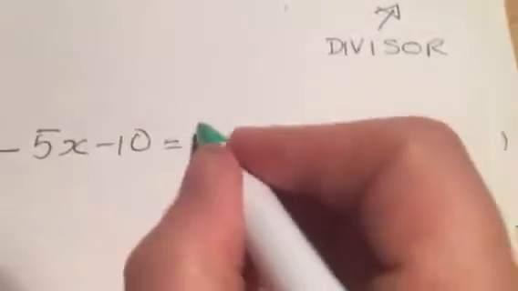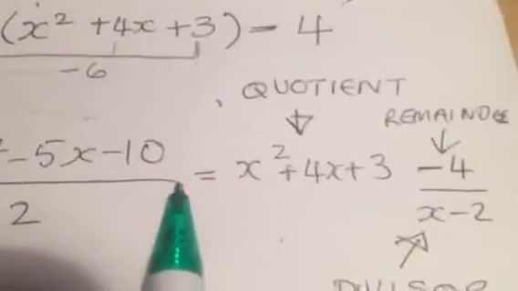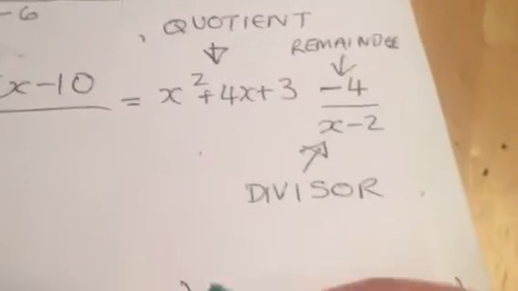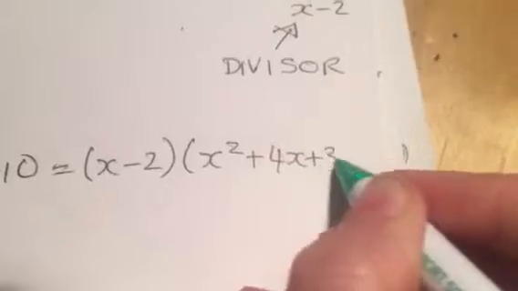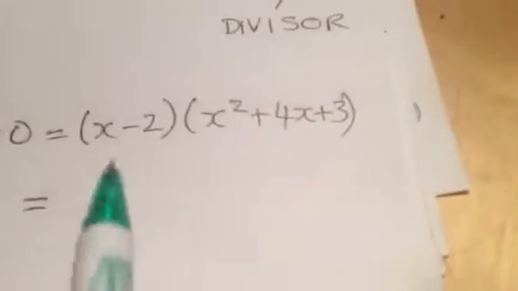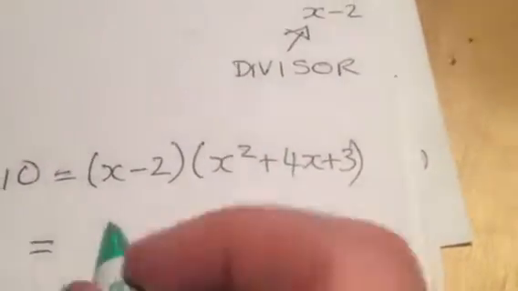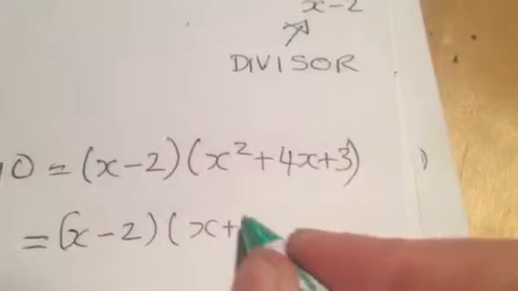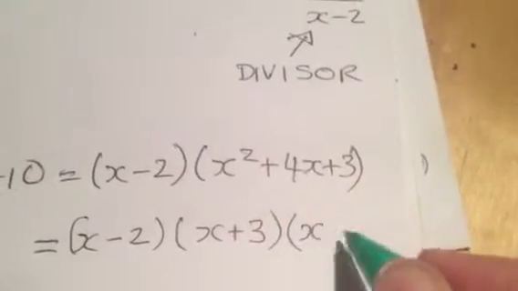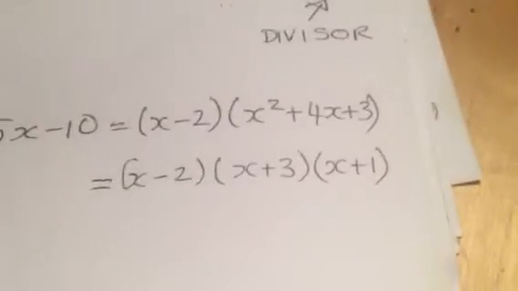We've already found that that's equal to x minus 2 times the quadratic bit, x squared plus 4x plus 3. And your last line is usually to write that as 3 linear factors, and this will usually factorise, in this case, x plus 3, x plus 1.